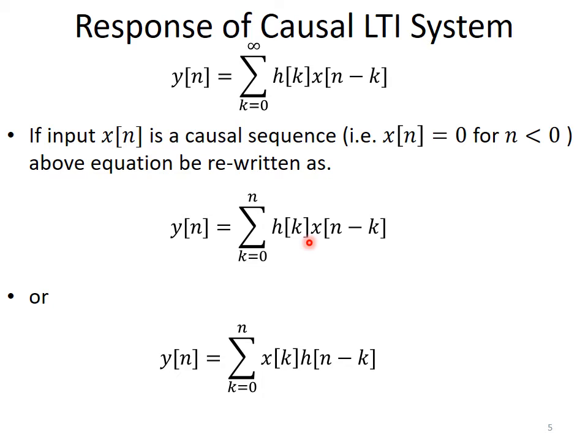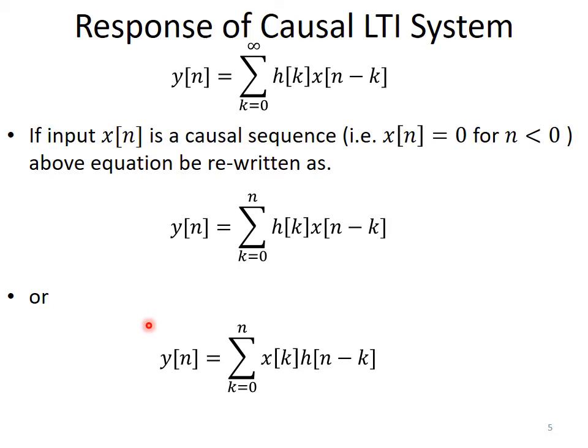In this equation, h of k is multiplied with the folded and shifted version of x of n, and here x of k is kept the same as it is, and h of k is actually folded and shifted. So these two equations can be used to determine the response of a causal LTI system when the input is causal as well.